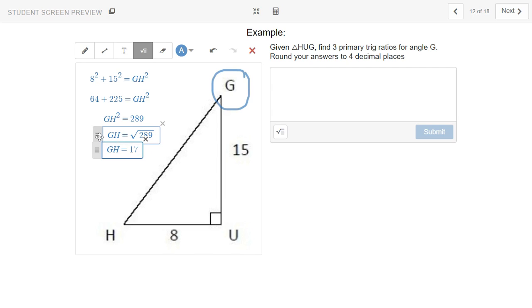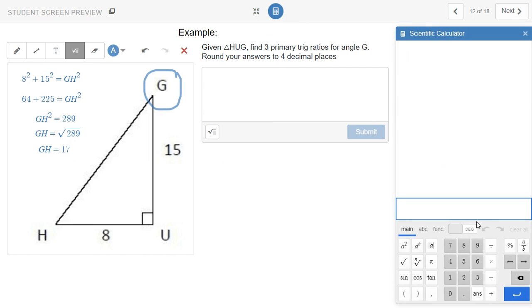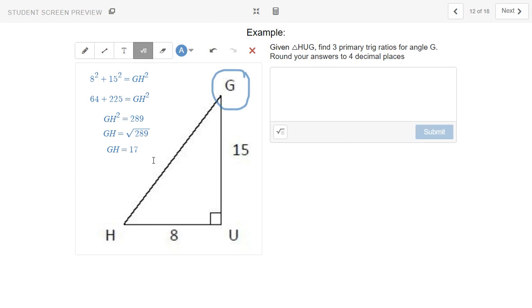Now, I was able to do that one in my head, but if you can't, go to the calculator and punch it all in. Right, so our primary trig ratios.